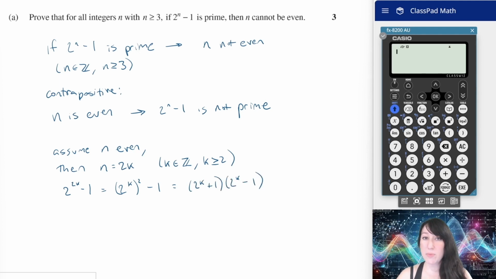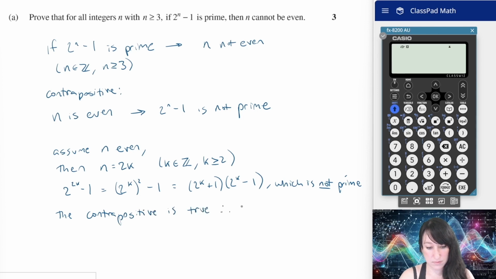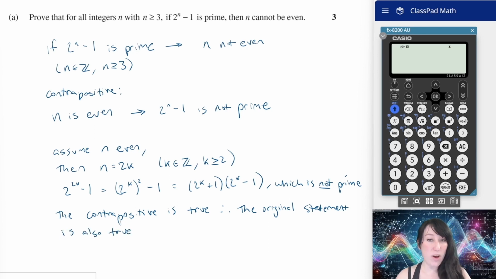Since this can be expressed as the product of two distinct numbers, we can say that this is not a prime number. And since the contrapositive is true, the original statement is also true.